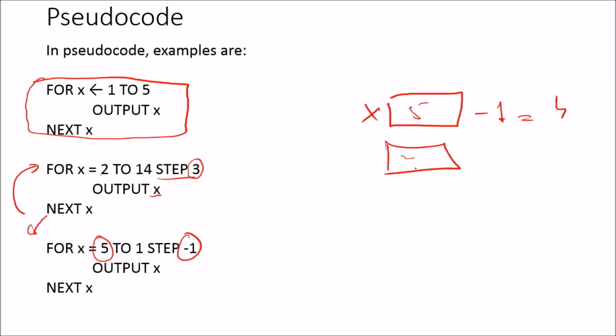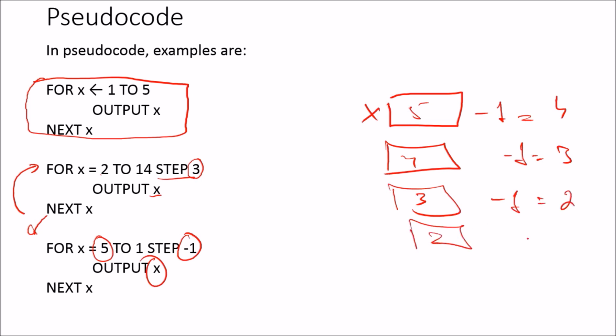So next, this variable will be 4. Then again it is going to decrement 1, 3, -1, 2. Then it will store 2. Then again -1, 1. It will store 1 in it. And that final value was still 1. So after that it's not going to decrement and terminate the loop.